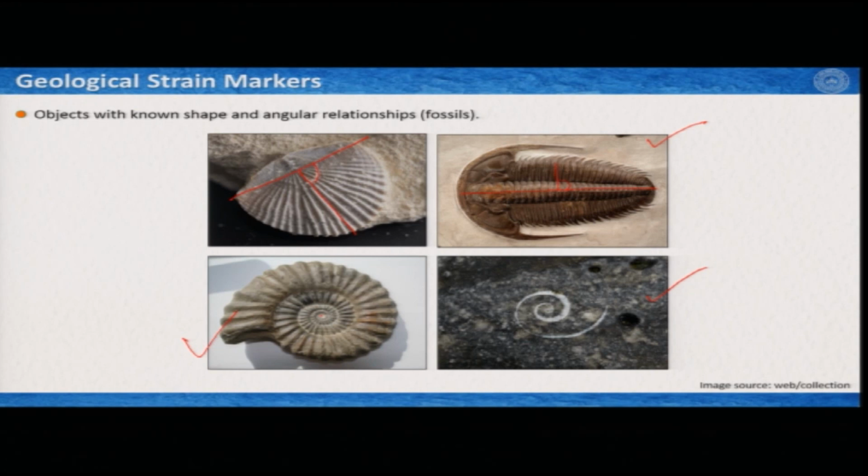As you can see here, these coilings follow a geometric formula which is known as the golden ratio. So if this golden ratio is not maintained in your deformed rock, then you can figure out the strain by analyzing this geometry.